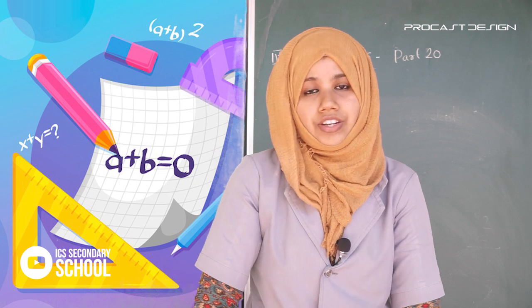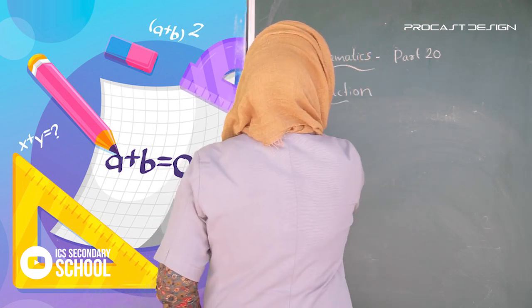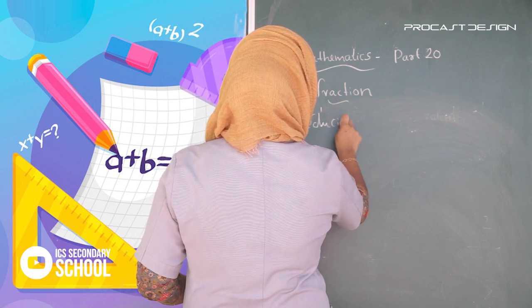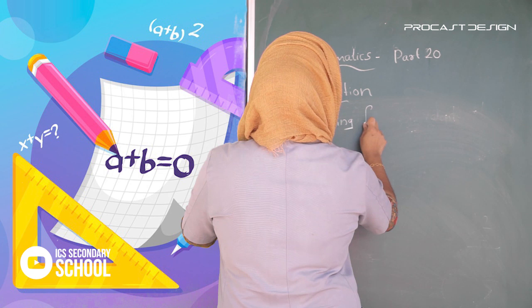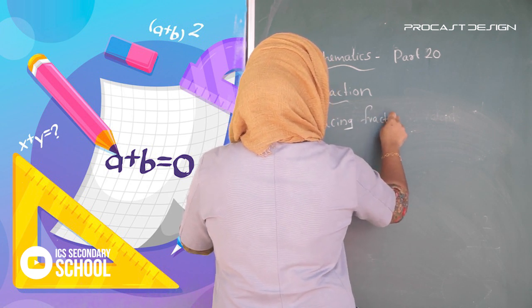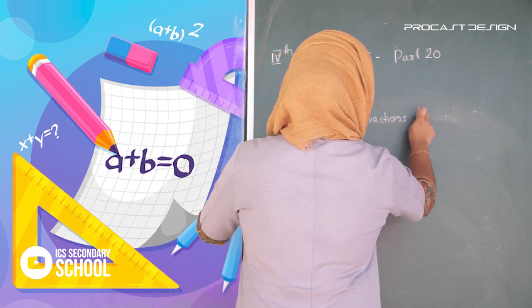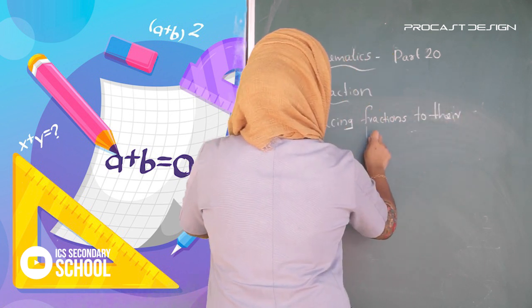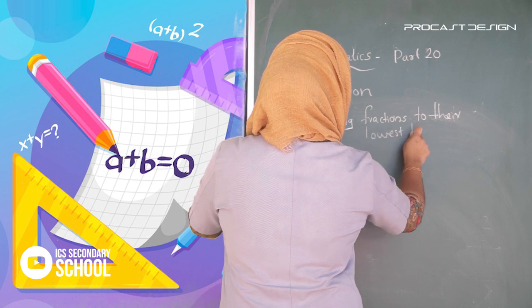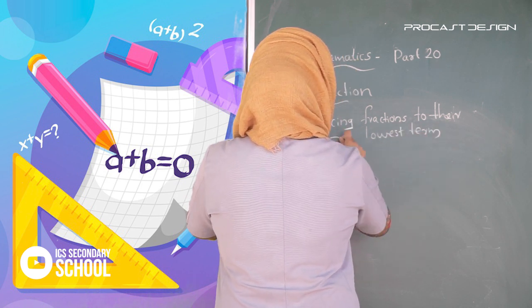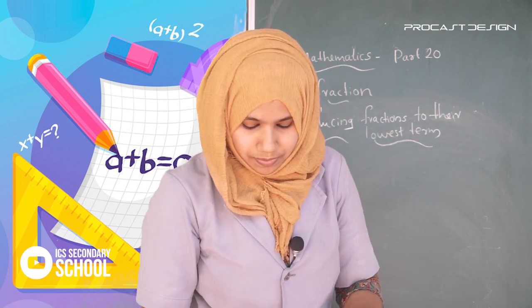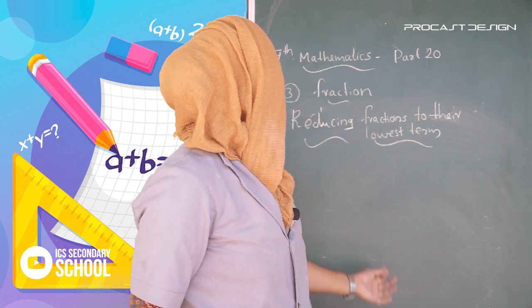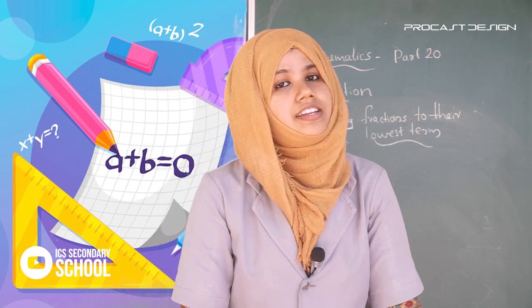Next, reducing fractions to their lowest term. We can reduce fractions to the lowest term by cancelling the common factors.